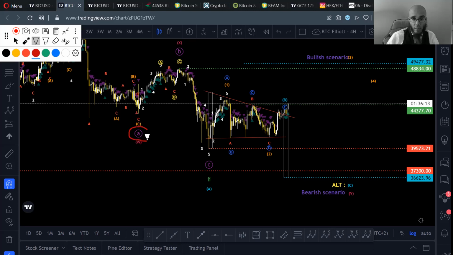And in that case, we had wave A, wave B, and wave C. And then we started with wave 1, 2, and now we are accomplishing wave 3. Then we get wave 4, and then somewhere up there, wave 5. And now the next important level we have to break is 48,834.